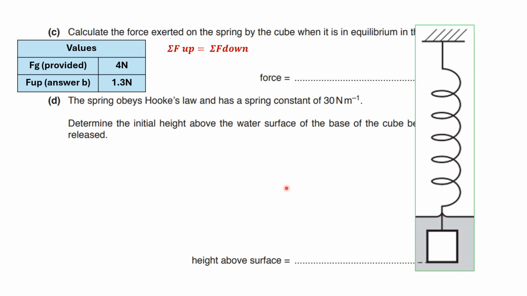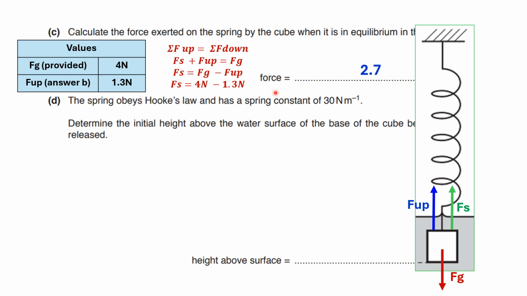Let's look at the free body diagram. Here we have Fg, the force acting on the spring, and the upthrust force. Doing substitutions and rearranging for the force acting on the spring, the force is 2.7 newtons.